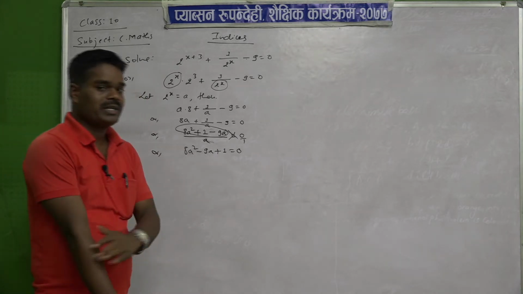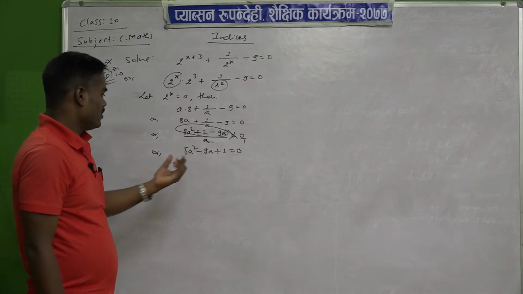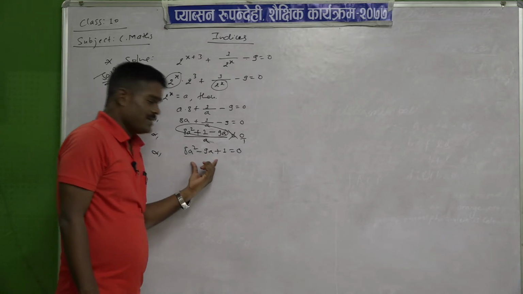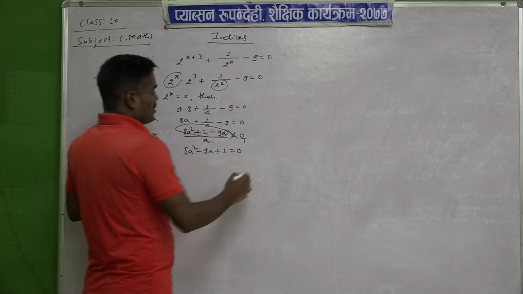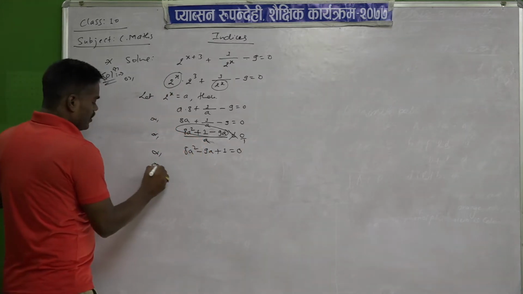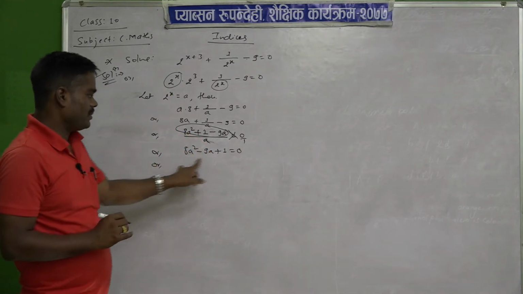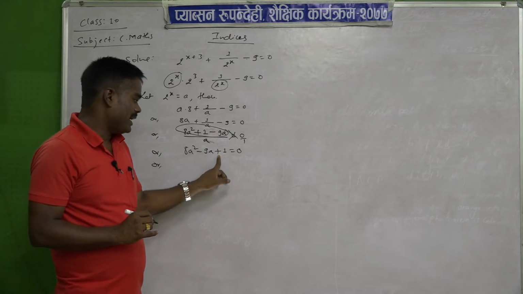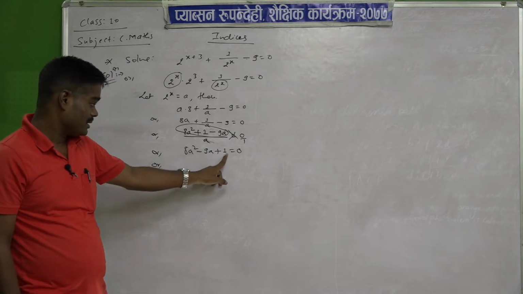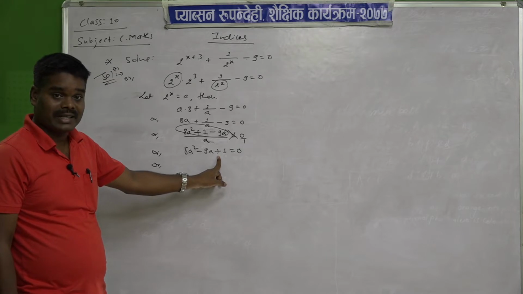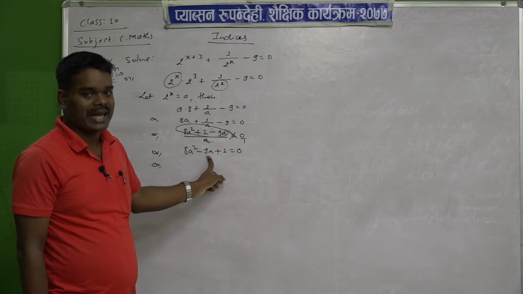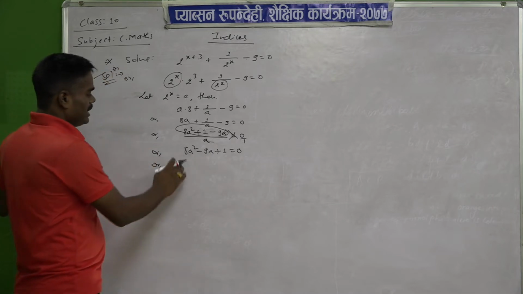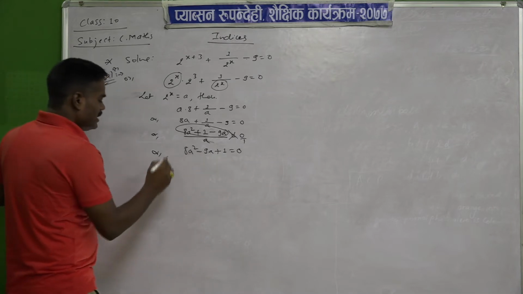Now how many terms do we have? 3 terms. So we have to factorize this trinomial expression. What are the factors? See here, 8 ones are 8, and by adding, because the sign of the last term is plus, by adding the factors, how much should we get? 9. We should get 9. So 8 ones are 8, 8 plus 1 is 9.